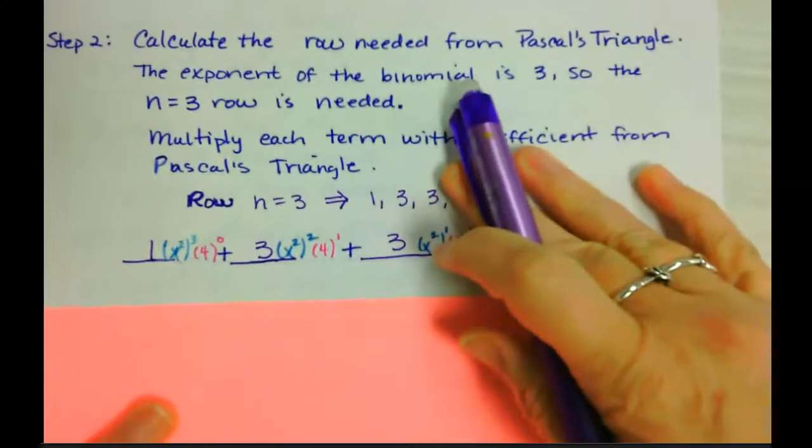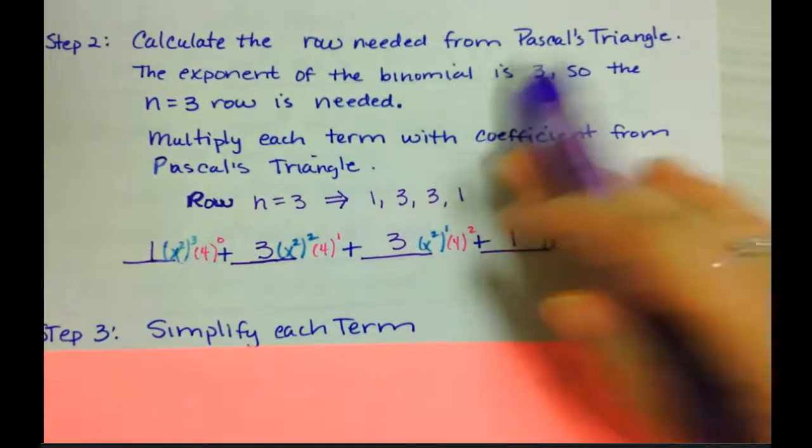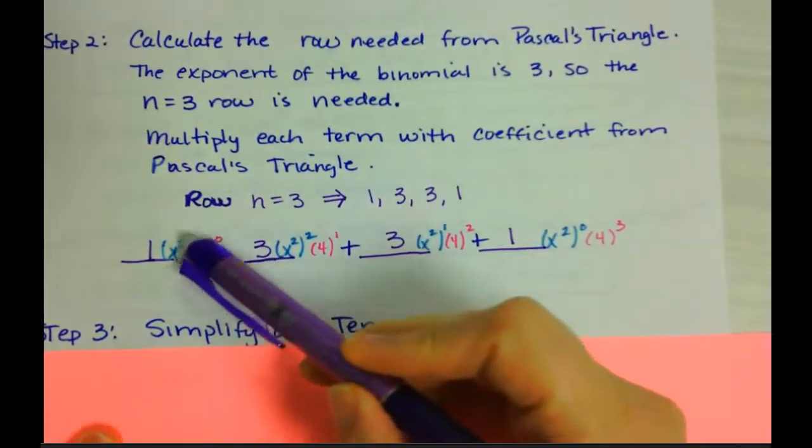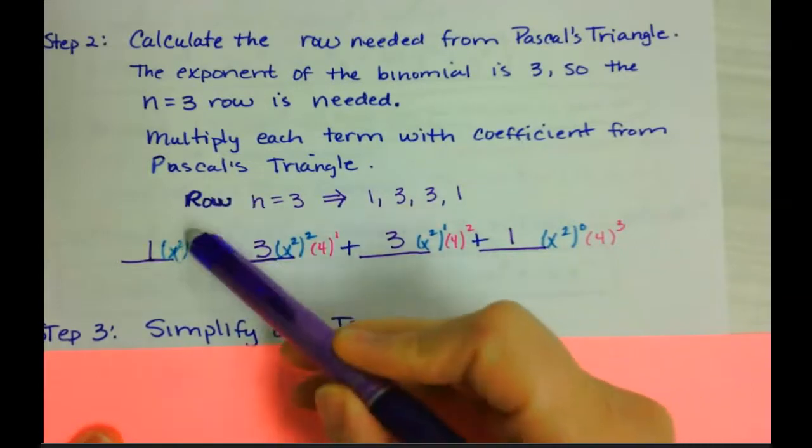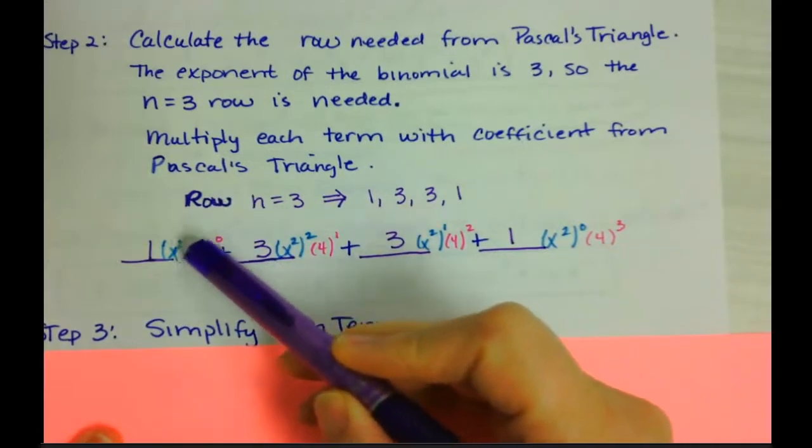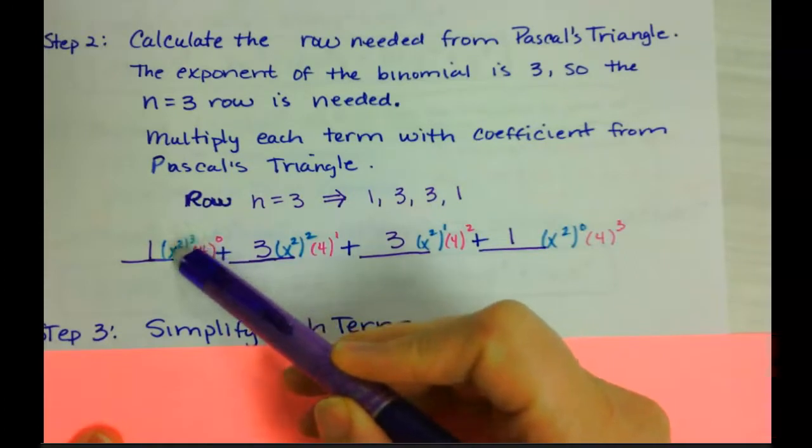When I simplify here, x squared to the third power is x to the 6th. Remember, when you raise an exponent to another power, you multiply.